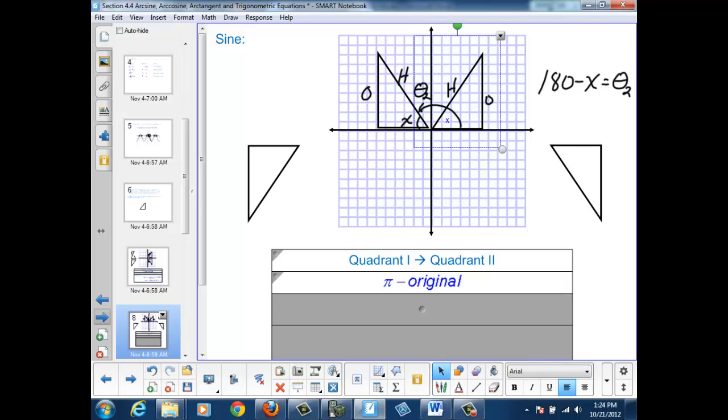Or if we're using radians, it would be pi minus the original angle. They're supplementary angles which are a reflection across the vertical axis.